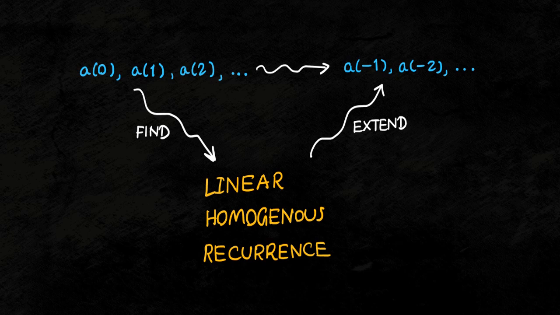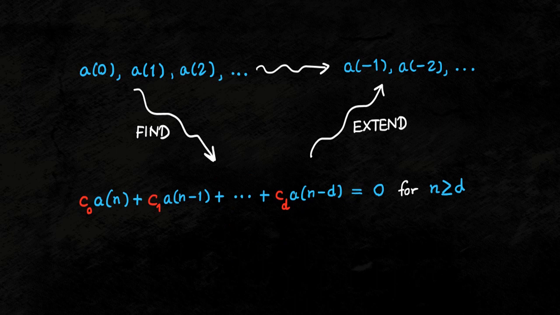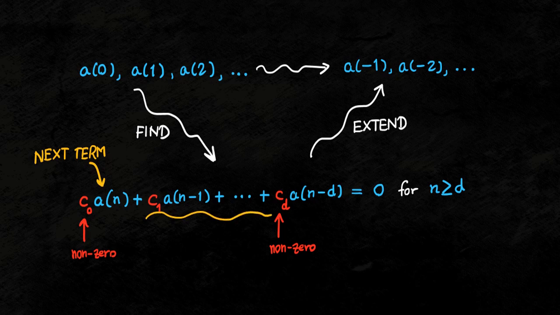Don't get scared. Ready? It looks something like this. Where d is a fixed positive integer and c0 to cd are constants with c0 and cd not equal to 0. Whoa, looks intimidating. But this just means that the next term an is equal to the linear combination of the previous terms an minus 1 to an minus d.